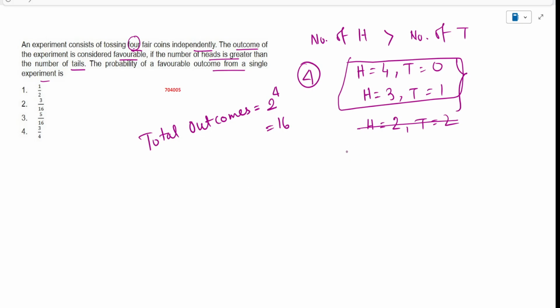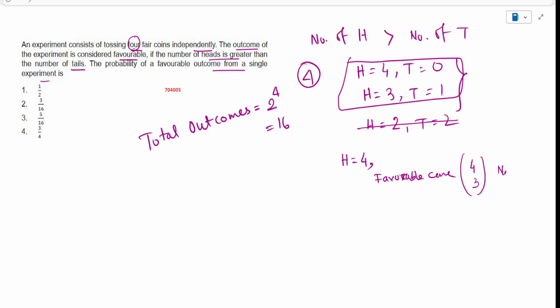Now we have to find the favorable outcomes. Fine. So what are the favorable cases? The outcomes of the experiment where the number of heads is greater than the number of tails. Then what is the total possibility? Favorable cases means number of ways.